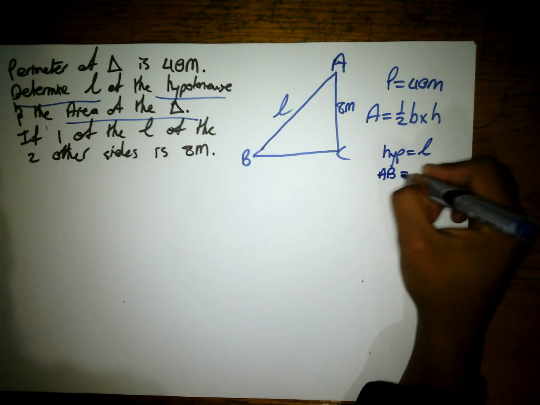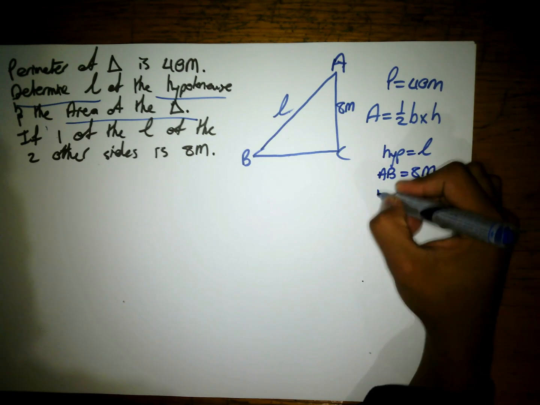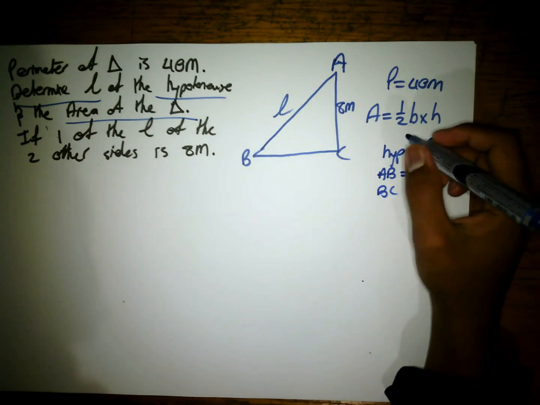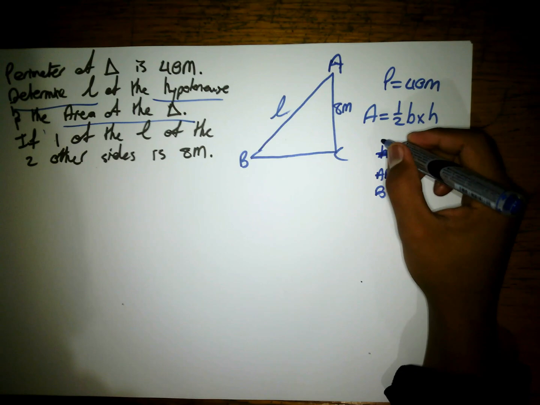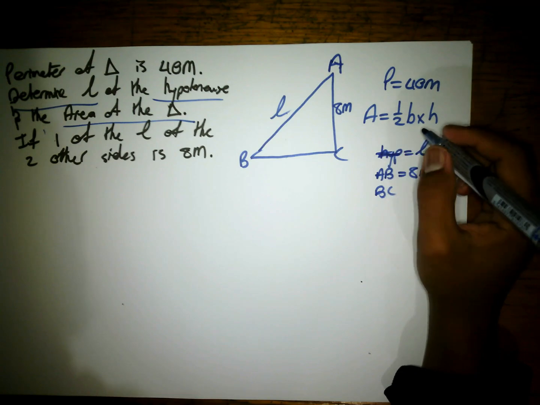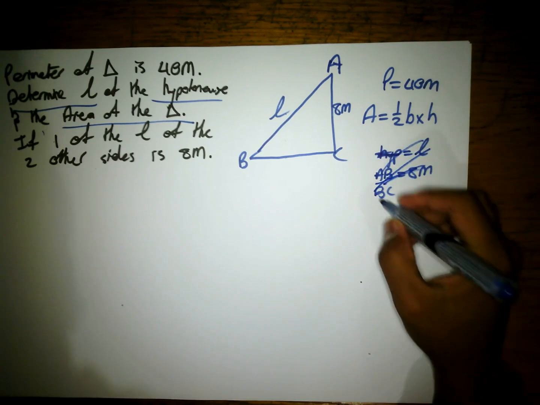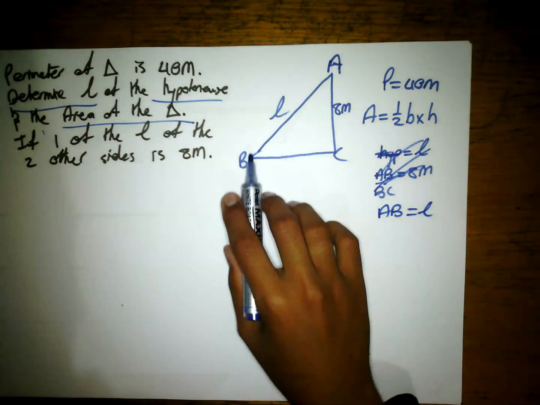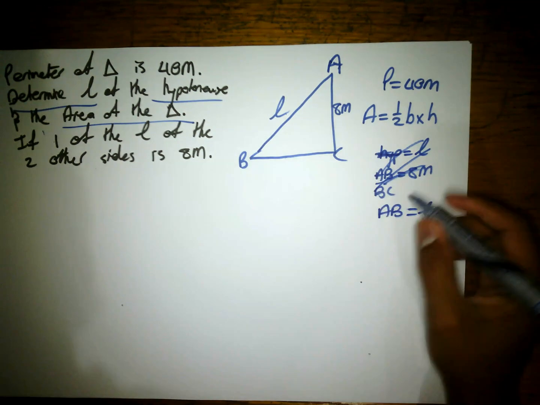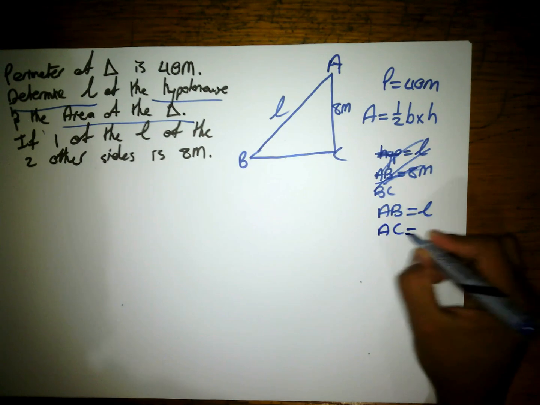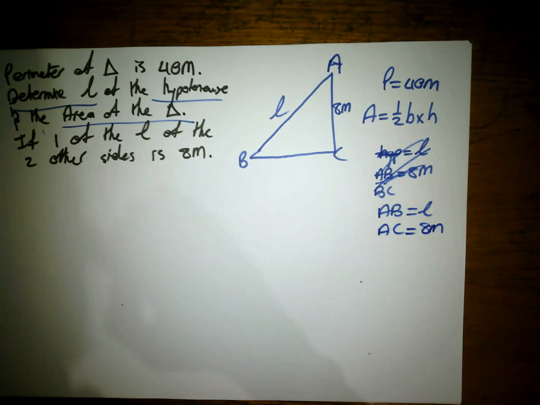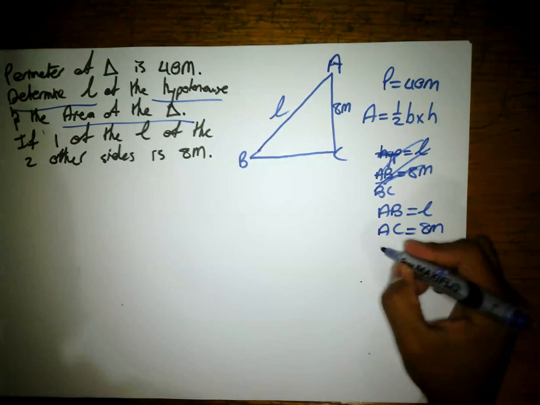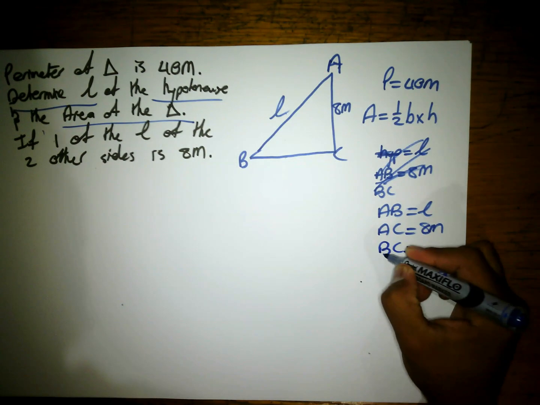AB equals L, our hypotenuse, and then AC equals 8 meters. That means that BC, who knows what BC is equal to?